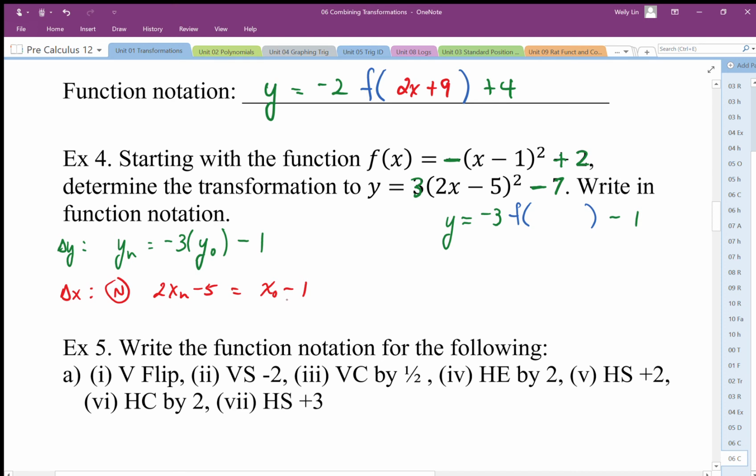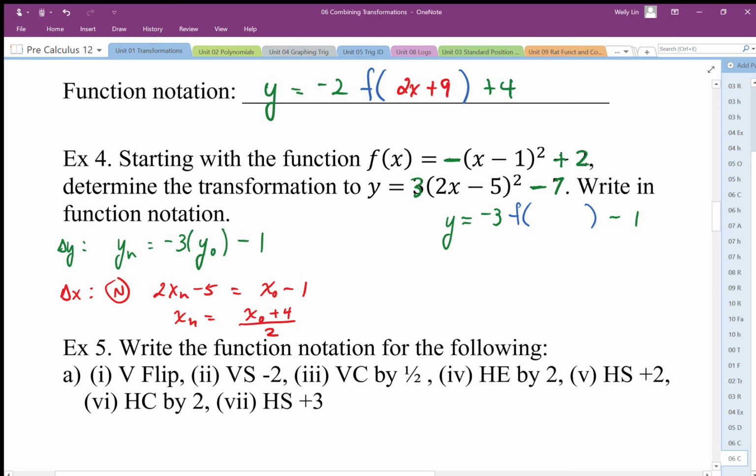If I want to do the transformation, I solve for the new x. That tells me exactly how I transform this. So if I want to write what actually happened from old to new, I get x plus 4 and then divide by 2. If I add 4, divide by 2, I'm going from here to here.